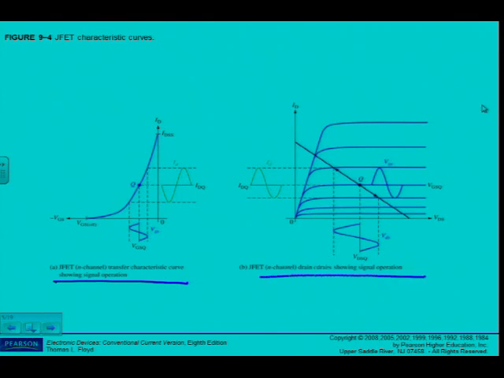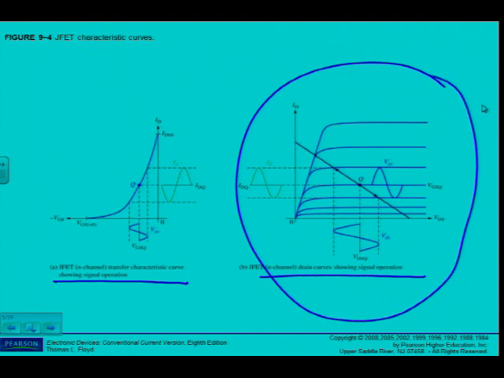Of course, this one looks very similar to the BJT we've discussed for the different IBs. Remember, as I changed IB for the BJT, then of course IC changes. In this case, it's VGS that keeps on changing to change ID. It's a voltage controlled device.